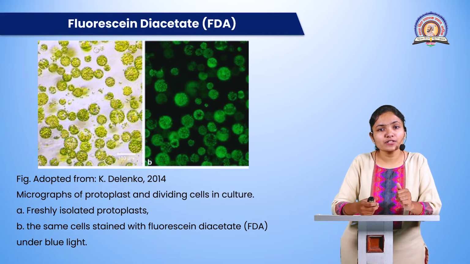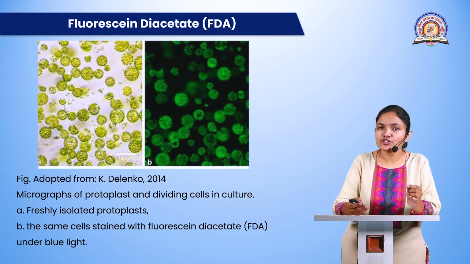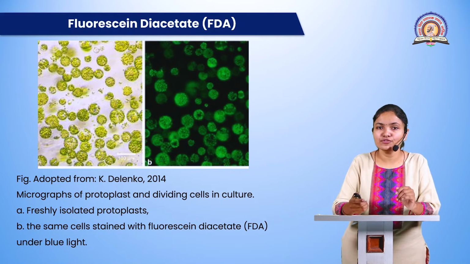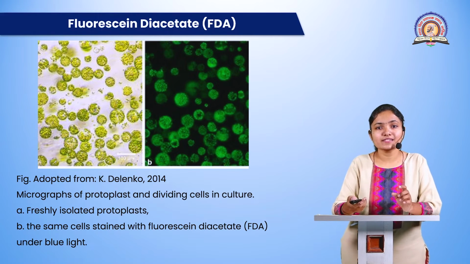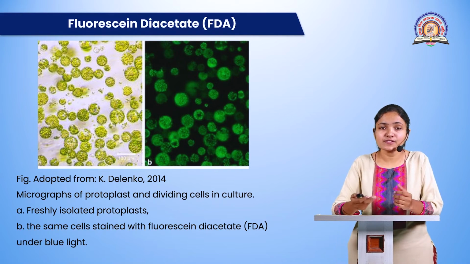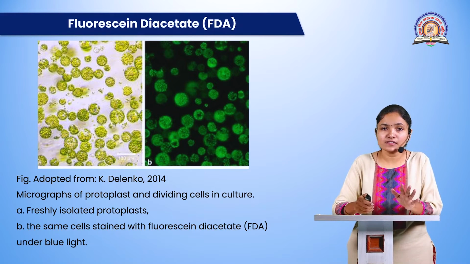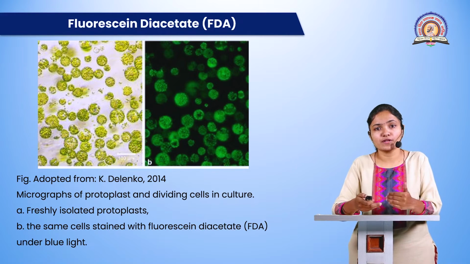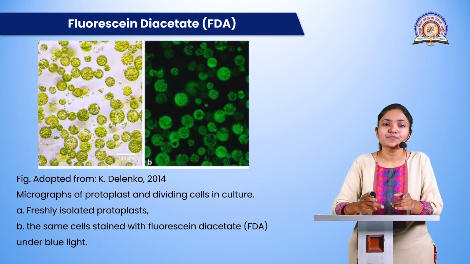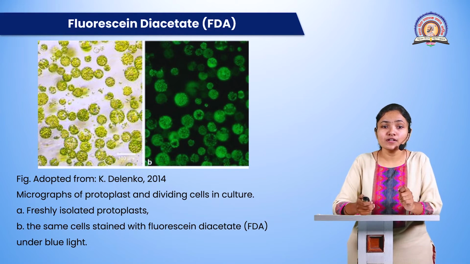Now what will be the outcome? All the protoplasts that are alive will show a greenish yellow fluorescence under the fluorescent microscope. Hence in the second figure you can see green fluorescence of all those protoplasts which are alive. In a figure we cannot otherwise distinguish which is a living protoplast and which is dead, but in the second figure I can mark that all those protoplasts having a good green color show the presence of living protoplasts.